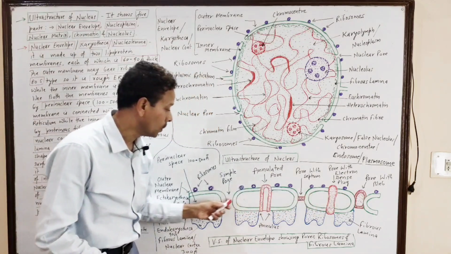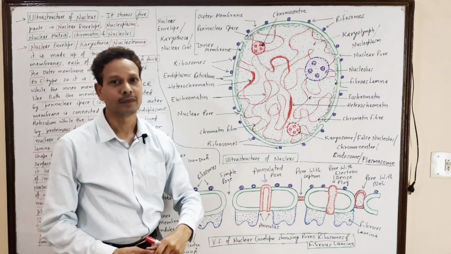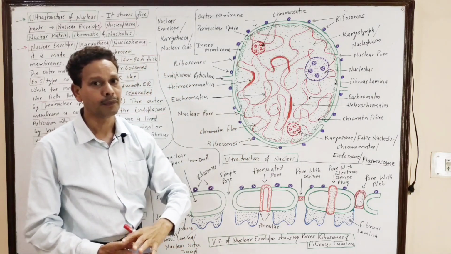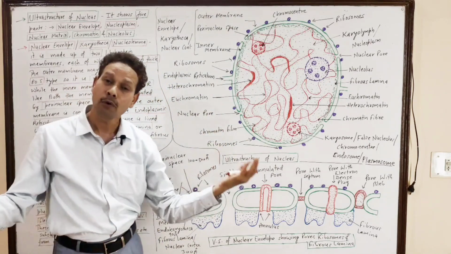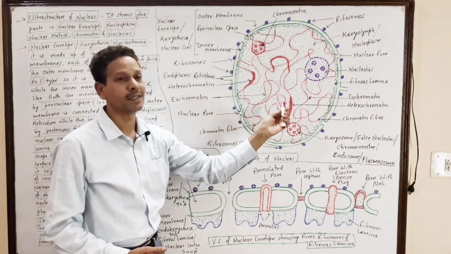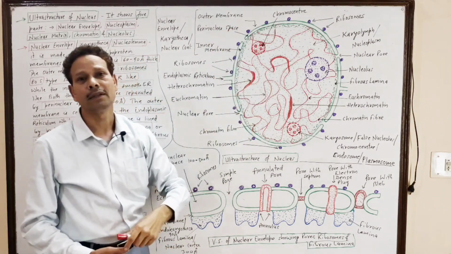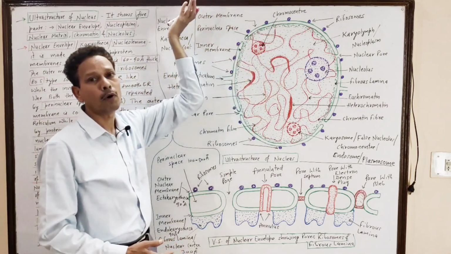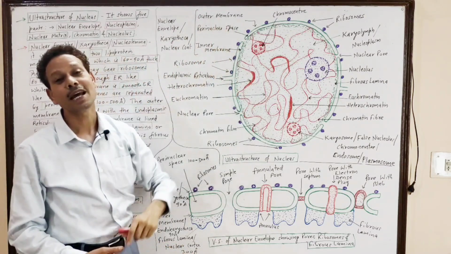This nuclear envelope shows its porous nature. It means this double nuclear envelope is porous. It possesses about 1000 to 10,000 nuclear pores, and through these pores, this nucleus receives information from outside, from the cytoplasm, as well as through these nuclear pores the nuclear information is passed from this nucleus to cytoplasm.